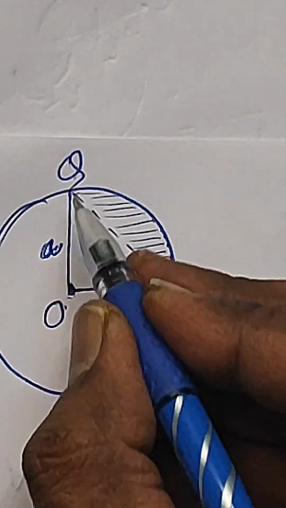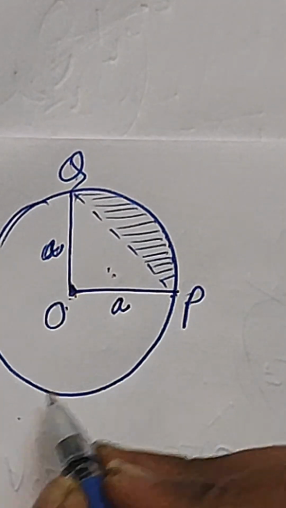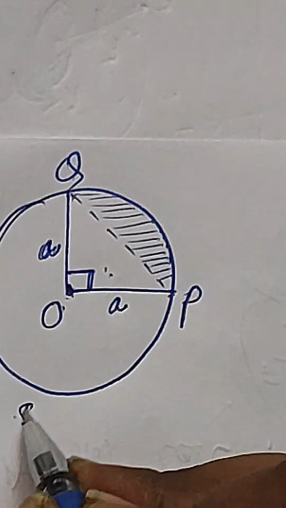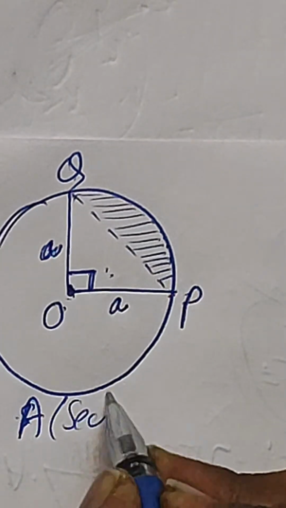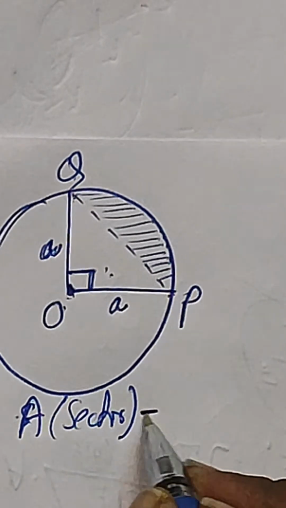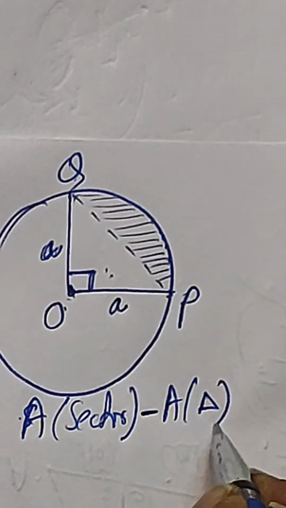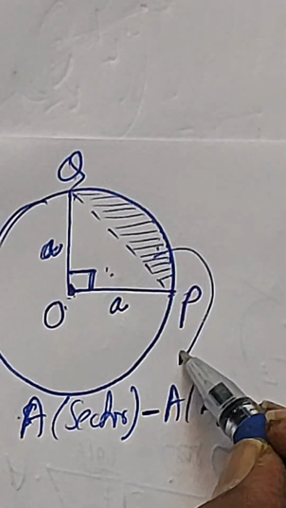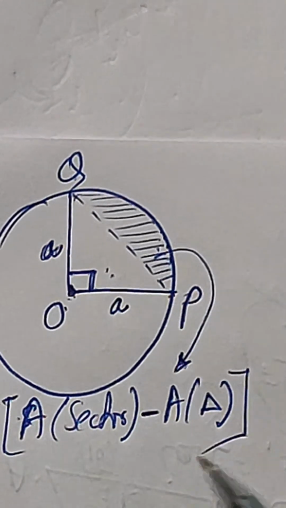Which sector? POQ. Area of the sector is, and this is 90 degree, right? So area of the sector minus area of the triangle will give you the area of segment, this segment region, isn't it?